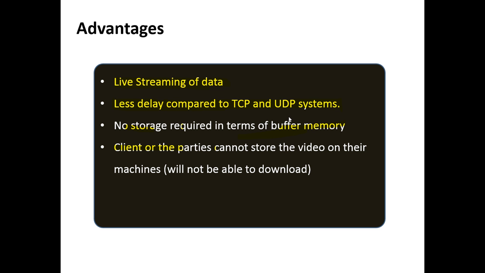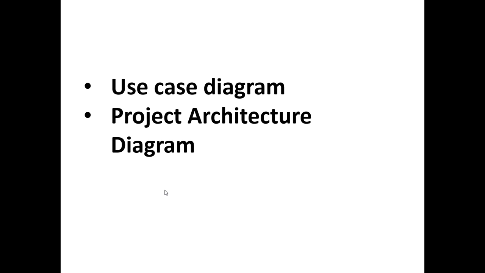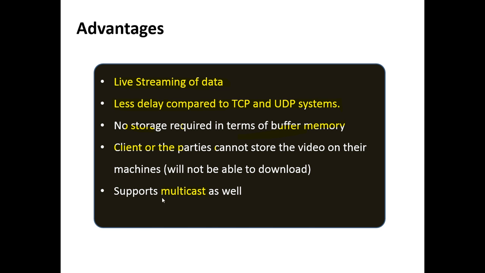We are not sending the entire video at once, we are sending it on a time-to-time basis, so he cannot download the entire video in one shot. It will also support multicast, meaning one video can be viewed by multiple parties at the same time using RTSP. These are the advantages of our proposed system.